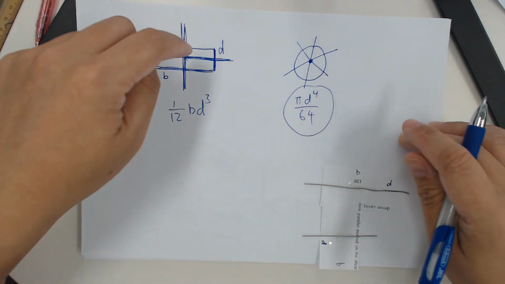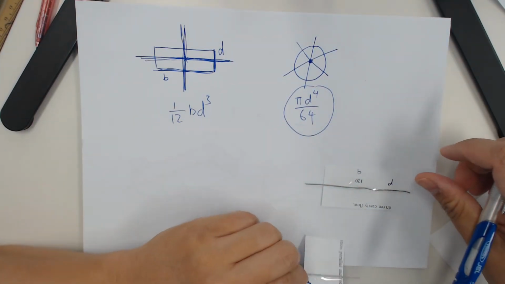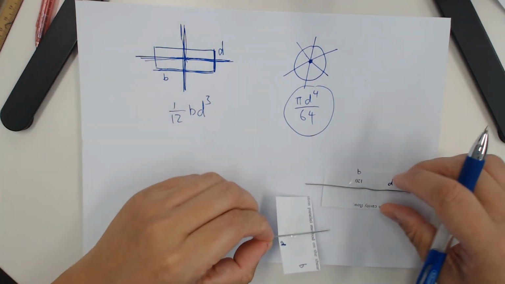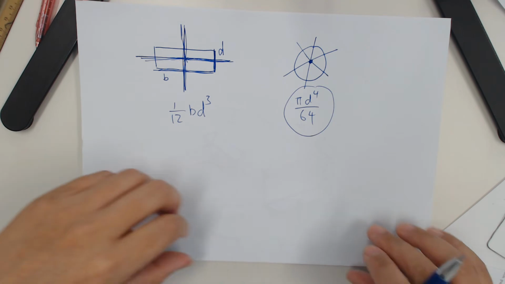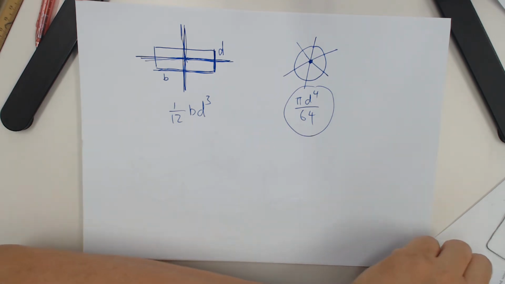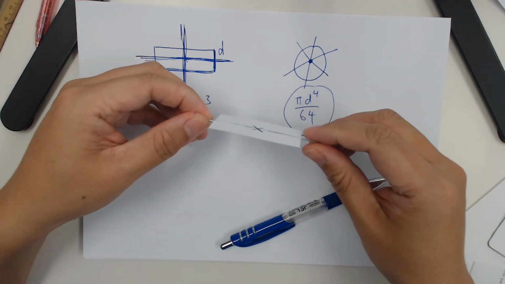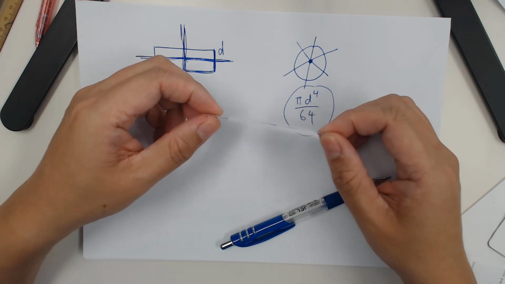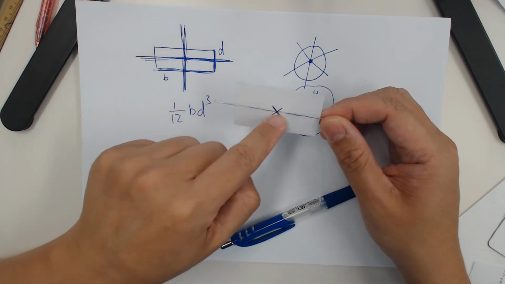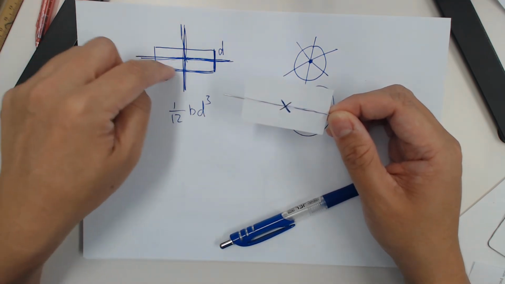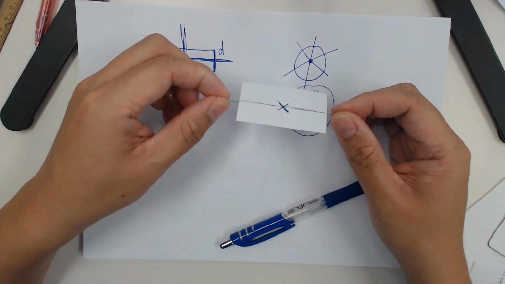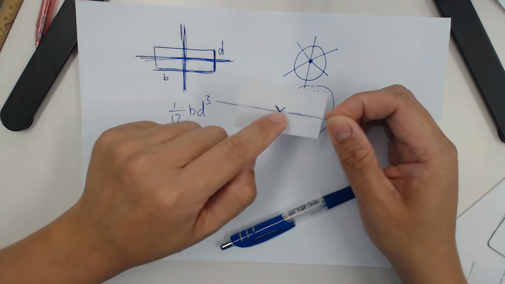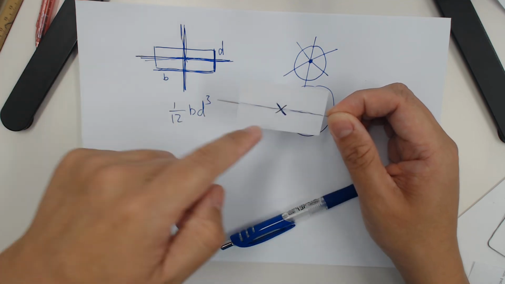When it's a rectangle, then you have to identify where is the B, where is the D. So for these rotations, the rotation axis is always about the centroid of the simple shape. You see, this axis cuts at the centroid, right?